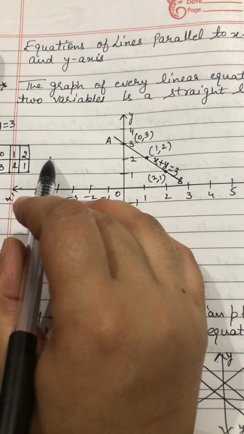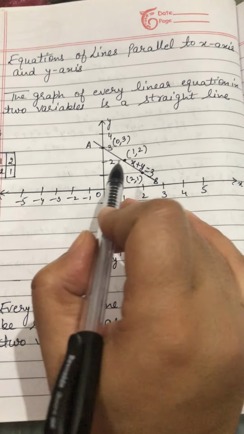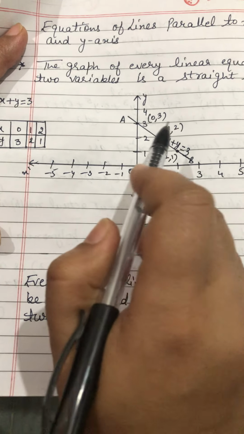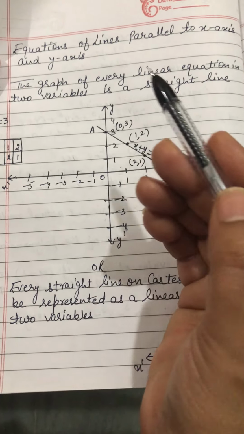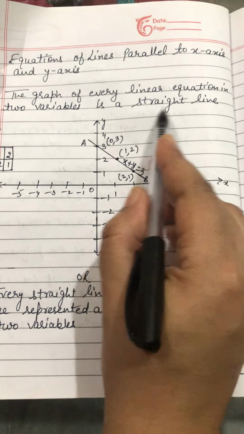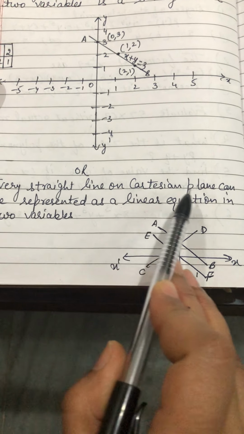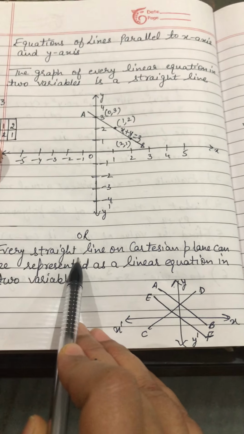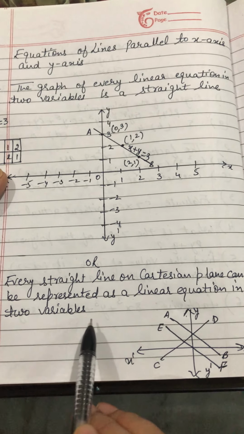If you take any other example and plot those points on the Cartesian plane, you will again get a straight line. It means every linear equation in two variables, when represented graphically, gives a straight line. Or we can say that every straight line on the Cartesian plane can be represented as a linear equation in two variables.